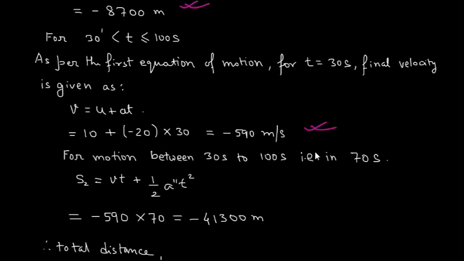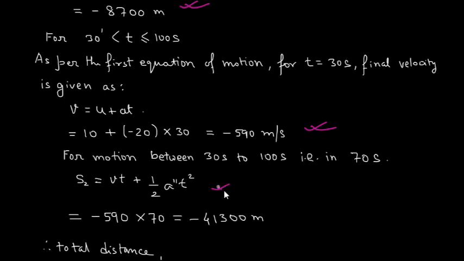For motion between the 30 second to 100 second, that is of 70 second, s2 is equal to u2 t plus half a dash t square, where u2 is the velocity at 30 seconds.